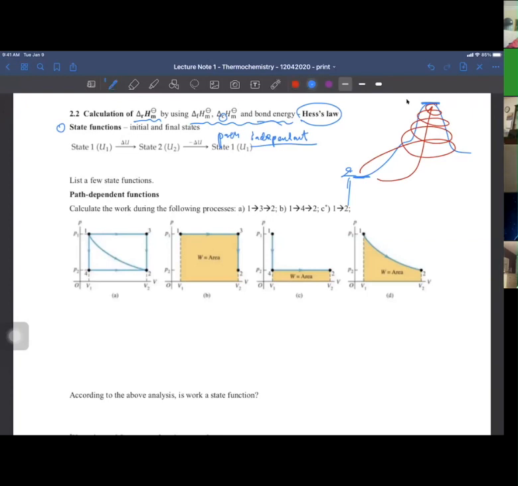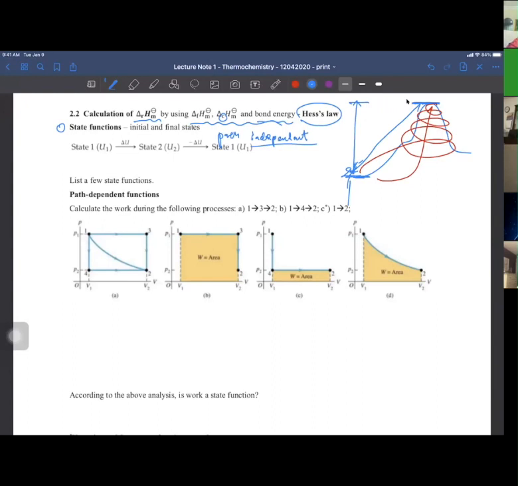In physics, you will say the displacement, sorry, not distance, the displacement from the initial point to the final point is the state function, because it does not care about which path you travel. We only care about the initial place and the final place. Or you can say the height difference of these 2 points will be the state function. But the distance you traveled actually is not a state function, because it really depends on which path, which road you choose, right? If you choose the longer one, it will be longer. If you choose the shorter one, it will be shorter.